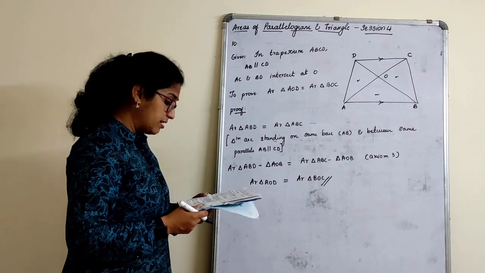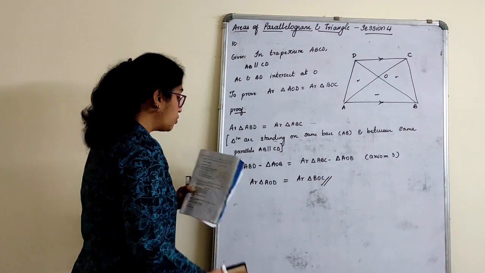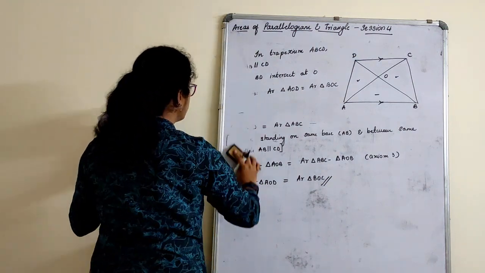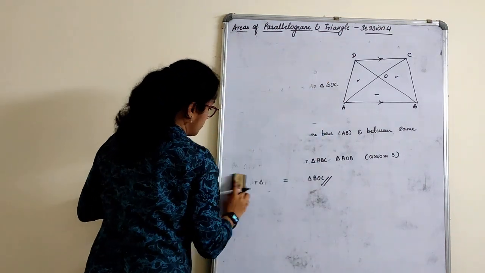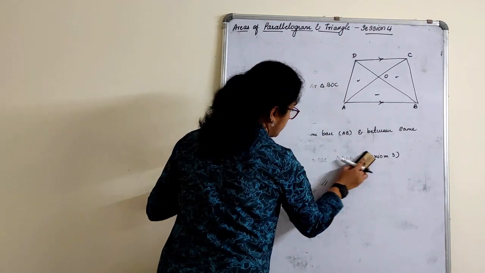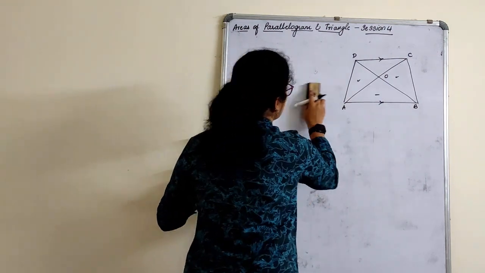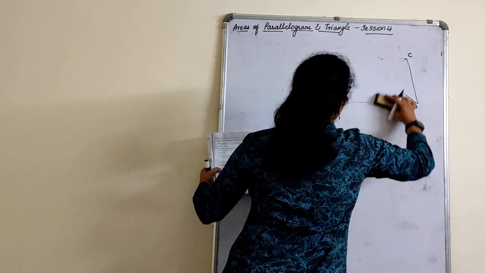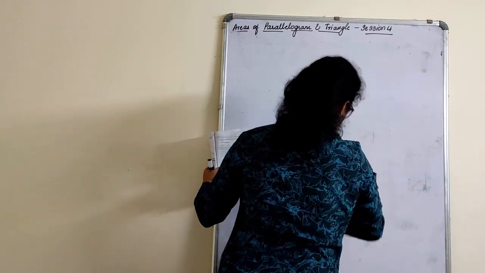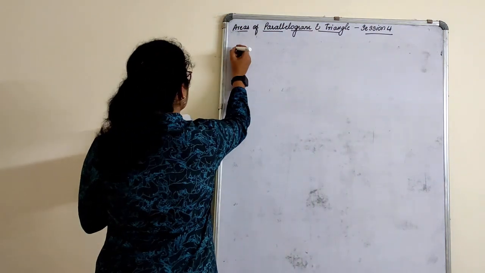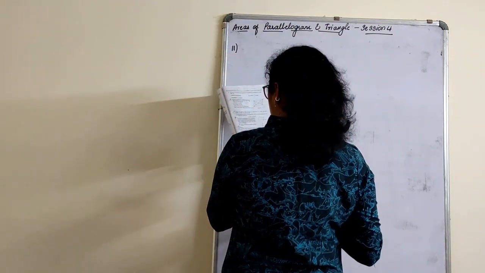Quite a simple one. That's what all are similar ones. I'm trying to prove it one after the other. Next we'll go with the 11th one. In the figure, ABCDE is a pentagon.